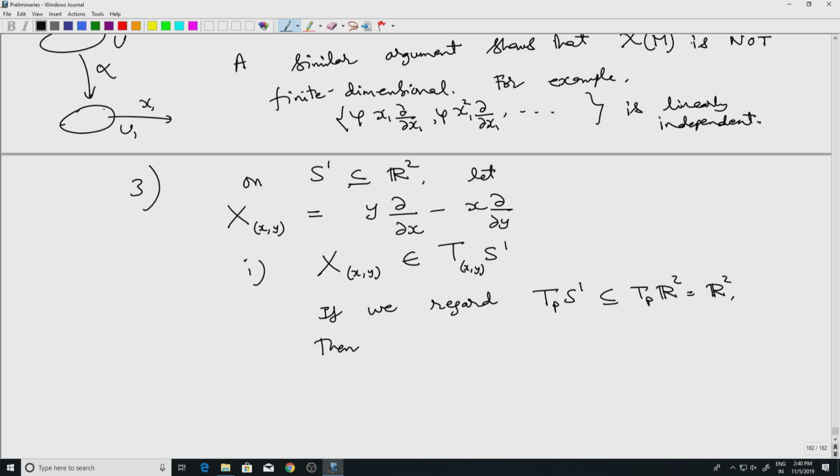So as the point P changes, I get different subspaces of R2. So if we think of TP_S1 as a subspace of R2, then TP_S1 is this subspace. We have already seen this when we talked about regular values. TP_S1 is all V in R2 such that inner product of V and P is 0.